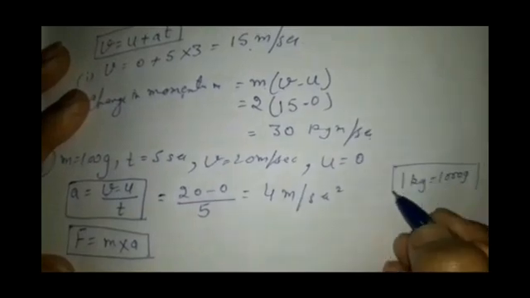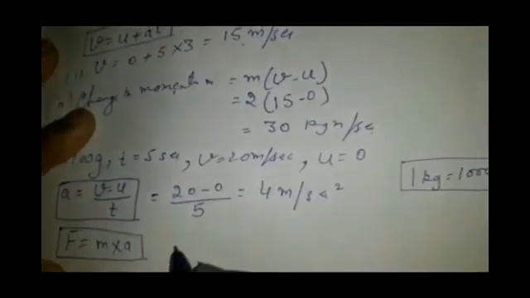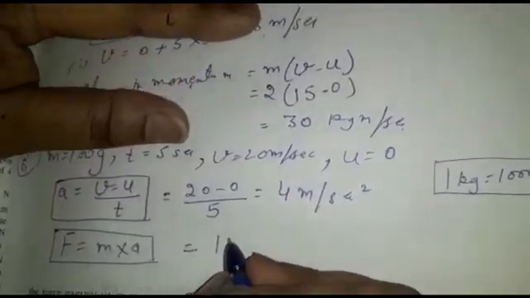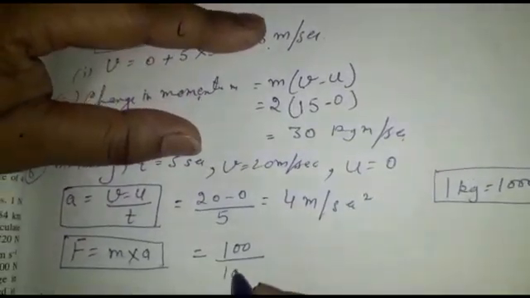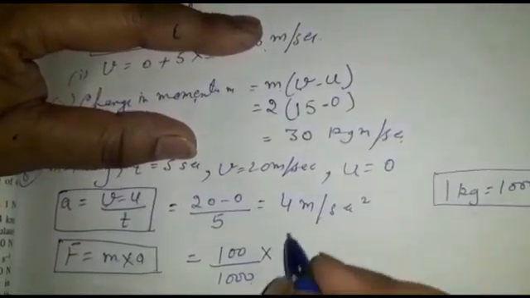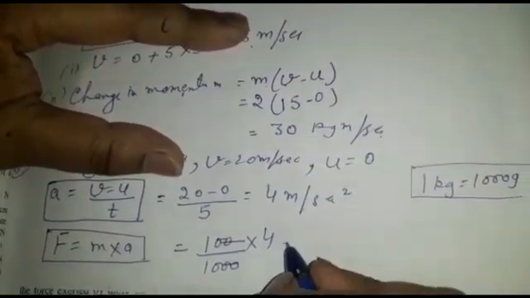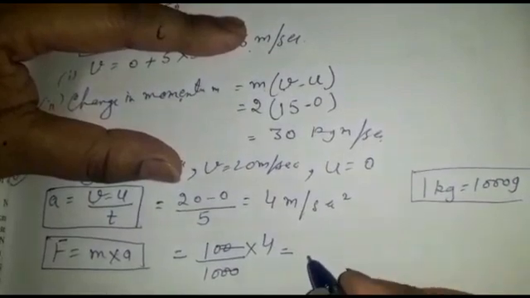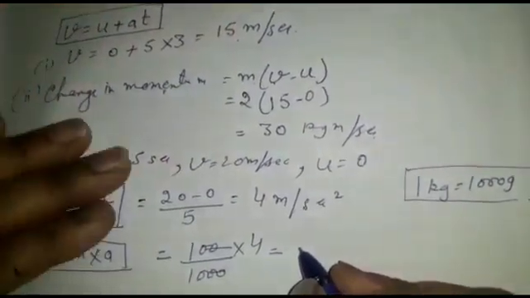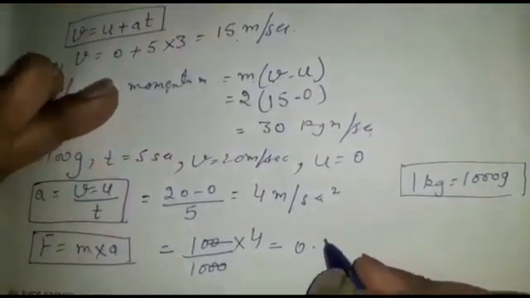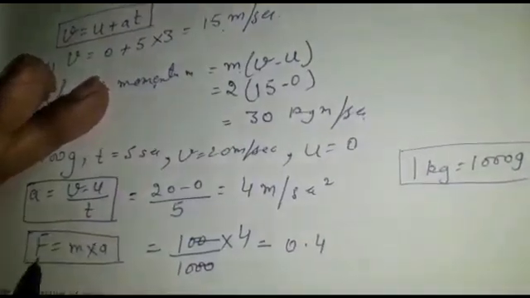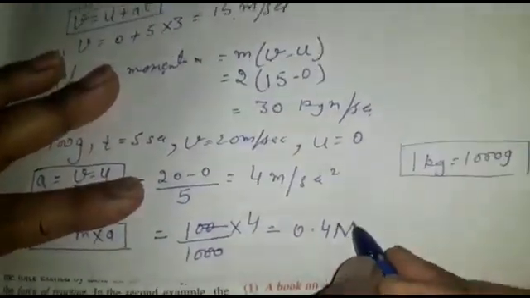So when you will put the value, it will come mass 100 by 1000 into acceleration, you have taken out 4. Now you do the calculation. 0 to 0 cancel. So it will come 0.4, and see the unit. It is force. Force unit is Newton.